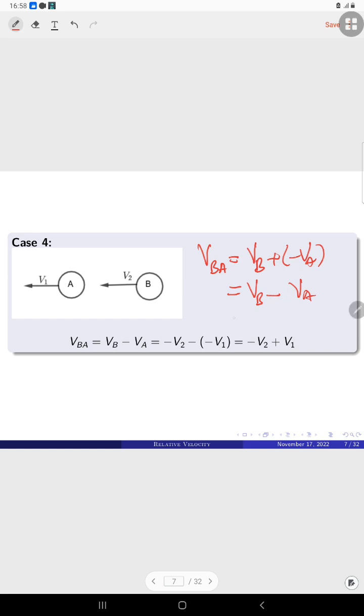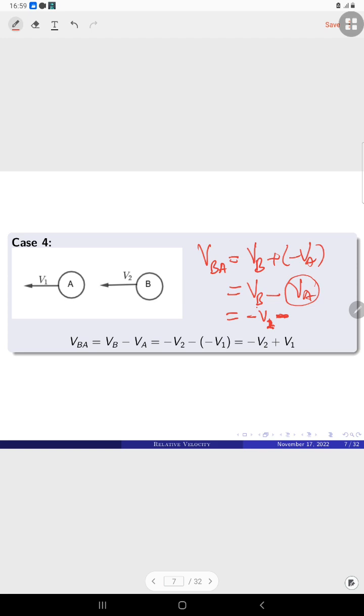B is v2 and it is moving towards the west, so I negate it: negative v2. Minus the velocity of A. The velocity of A is v1.